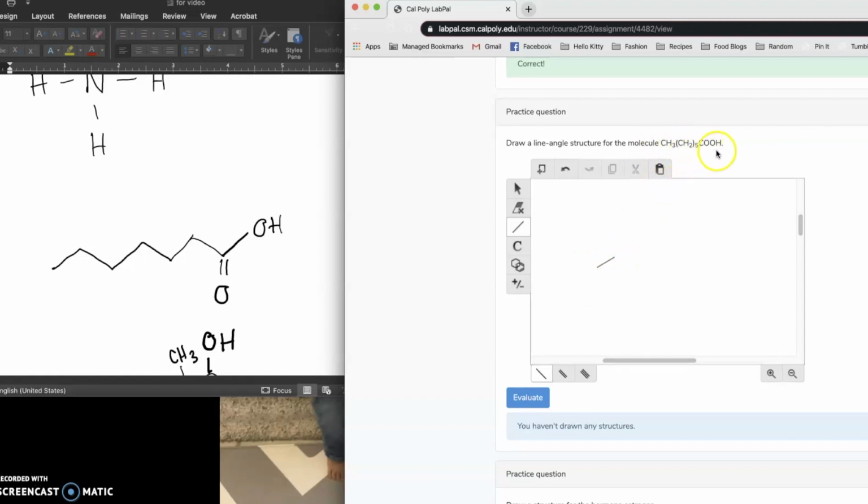So the way that this formula is written, I have a CH3 group, a methyl group, and then I have 5 carbons before I get to the carboxylic acid. So if I click again, there's another one. And notice that every time I click, this is creating a line angle structure, which is super handy. Okay, so this is a CH3 group, CH2-1, CH2-2, 3, 4, and then 5.